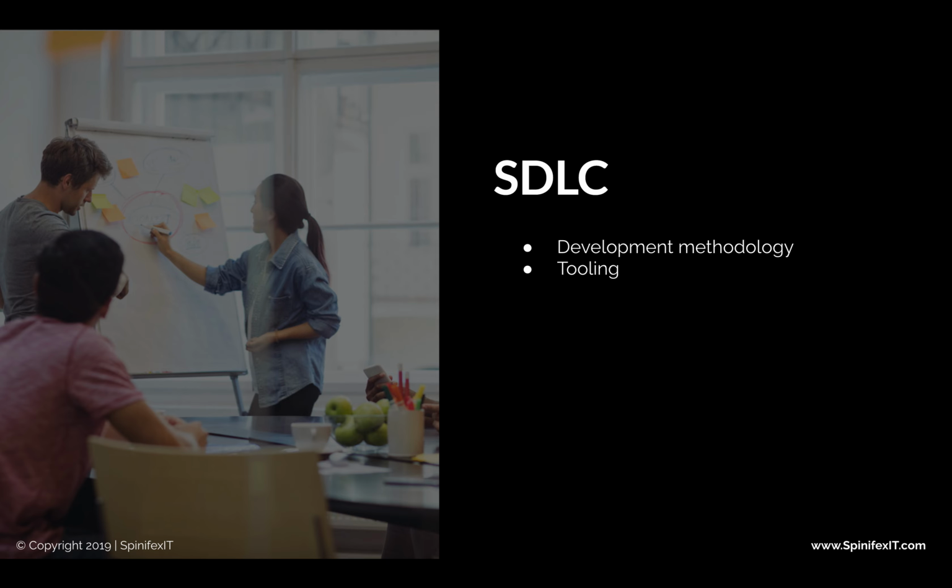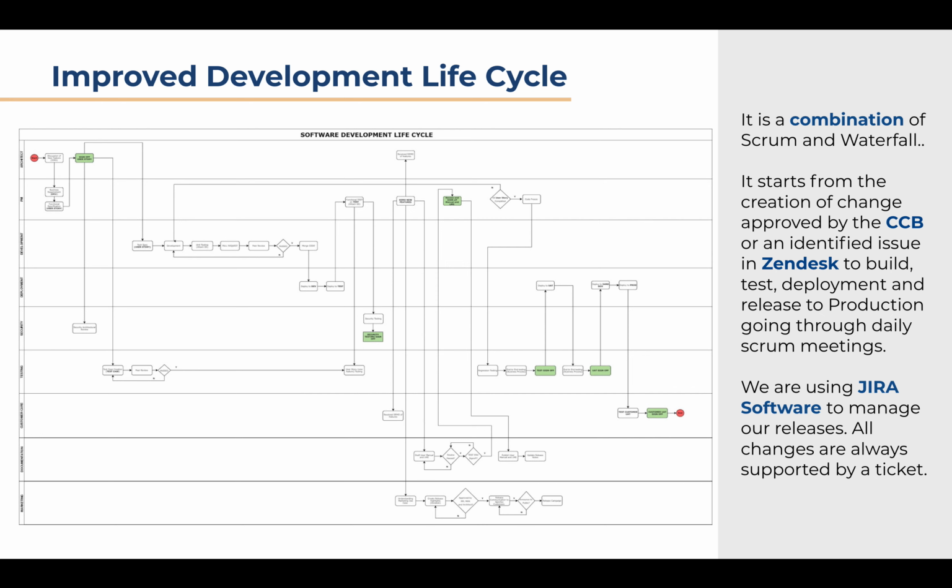Now I will cover the software development lifecycle. We have a very comprehensive software development lifecycle, and we've refined it to improve our quality. That's why we call it the improved development lifecycle.